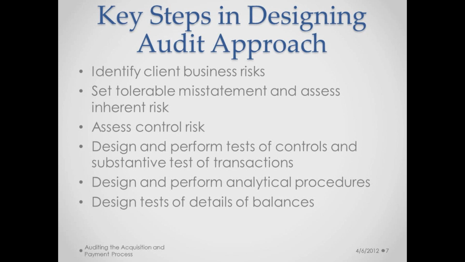Design and perform tests of controls and substantive tests of transactions, right? And we just did that, so this is where our sampling procedures would be done, in terms of what items we're going to sample. Design and perform analytical procedures, and design tests of the detailed balances, right?